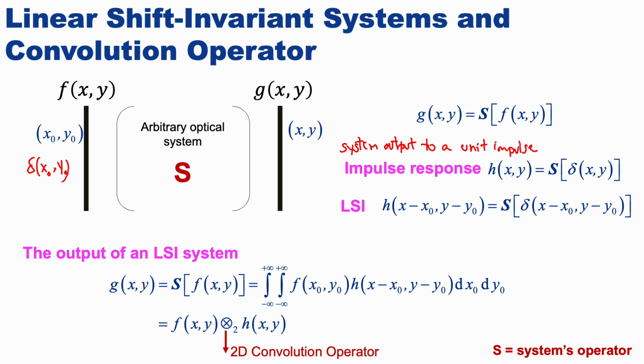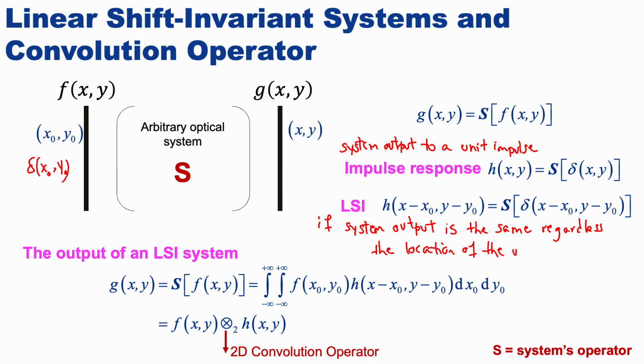And the system is linear shift-invariant if the system output is the same regardless of the location of the unit impulse.